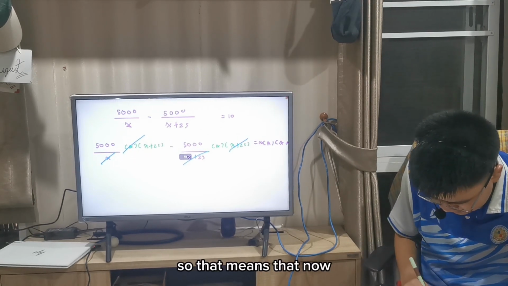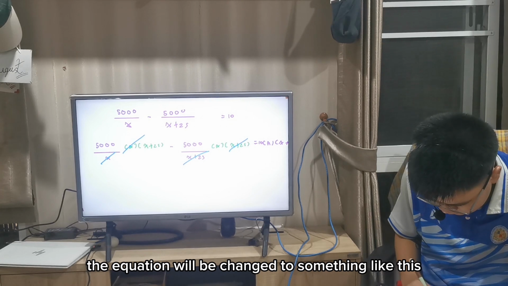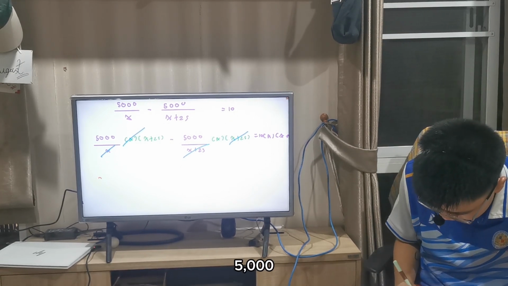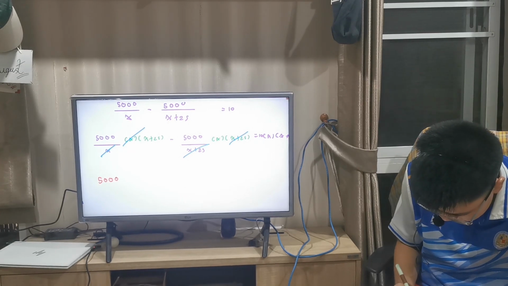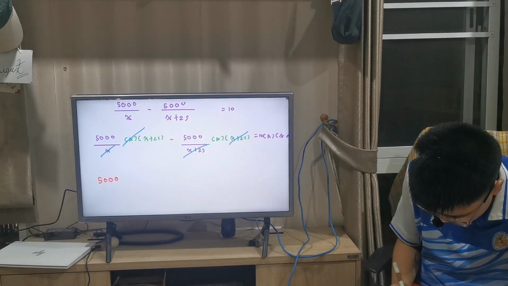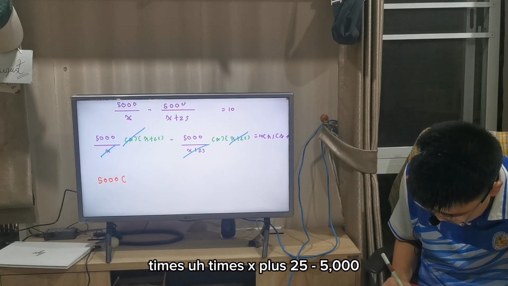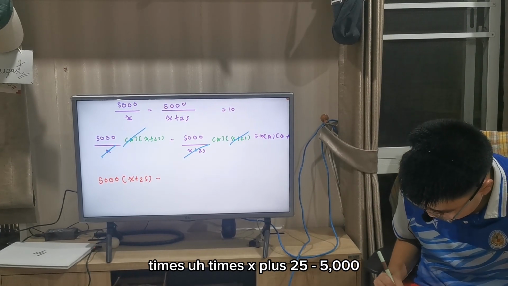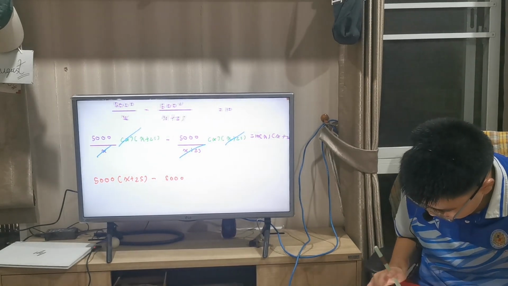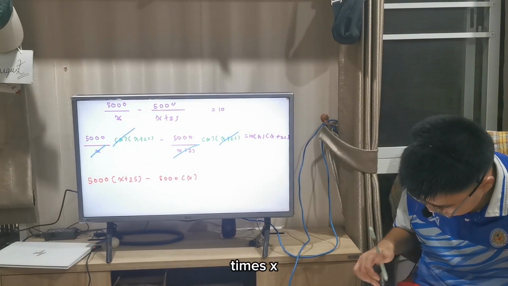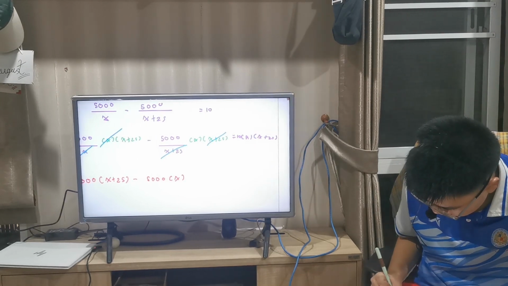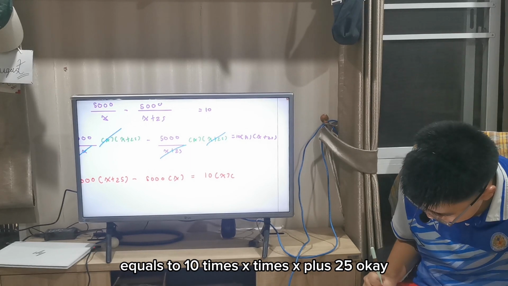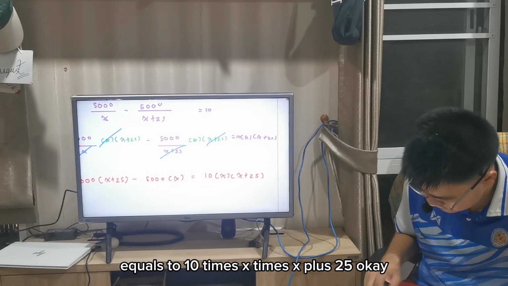So that means that now the equation will be changed to something like this. 5,000 times X plus 25 minus 5,000 times X equals 10 times X times X plus 25.